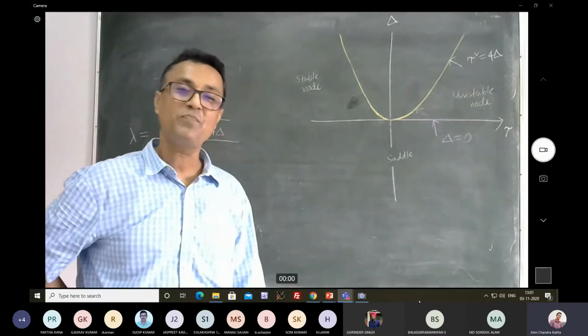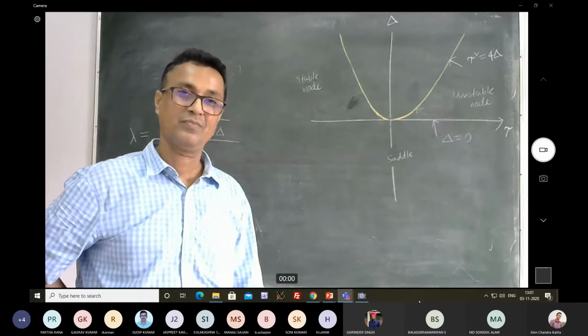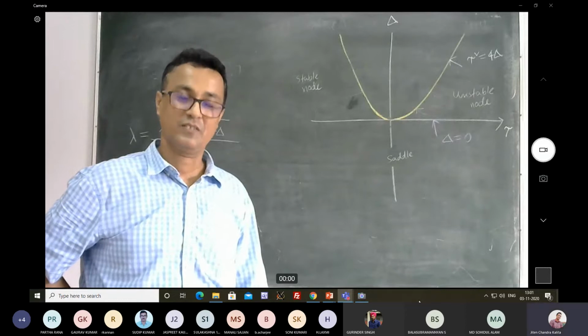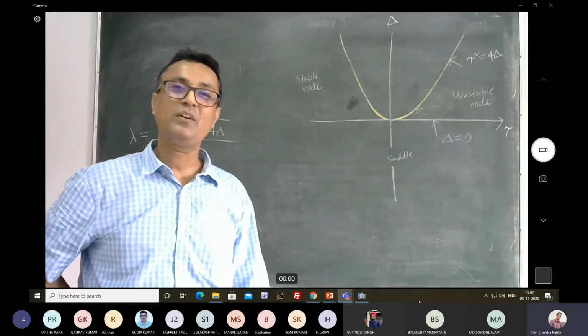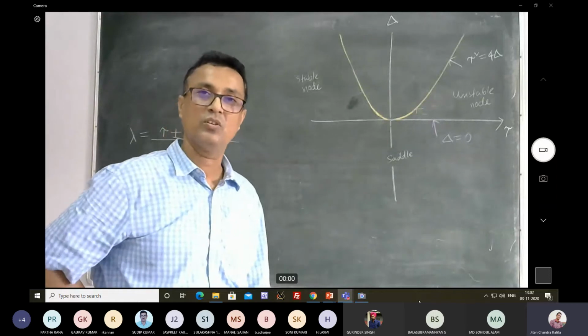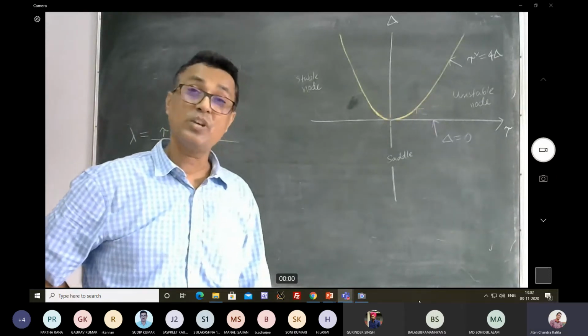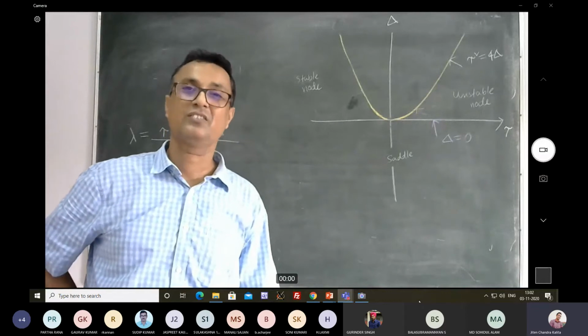In the linear system, why had we taken delta strictly not equal to 0? Because we assumed that (0, 0) is the only critical point, right?